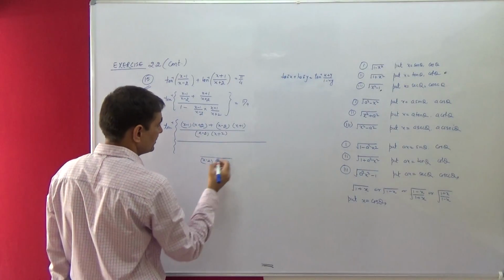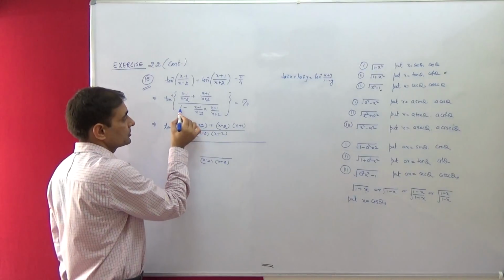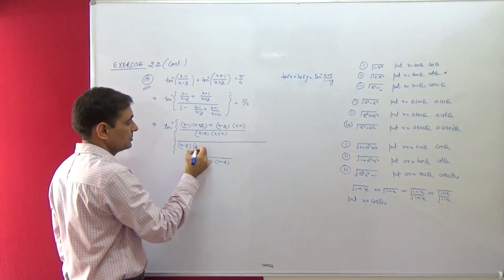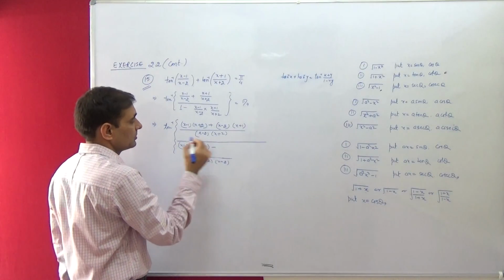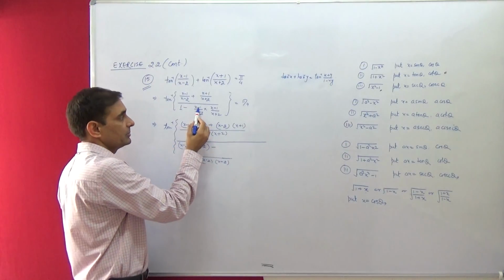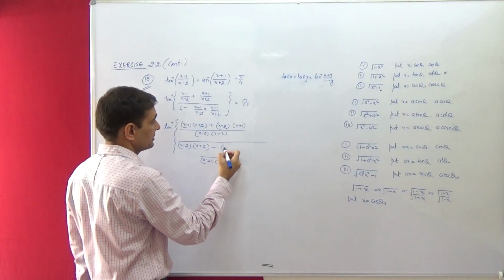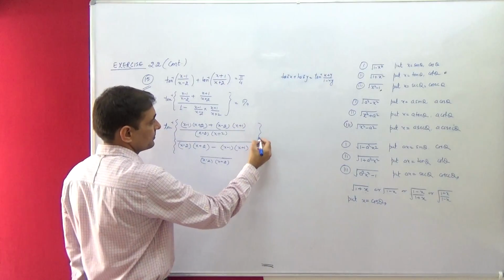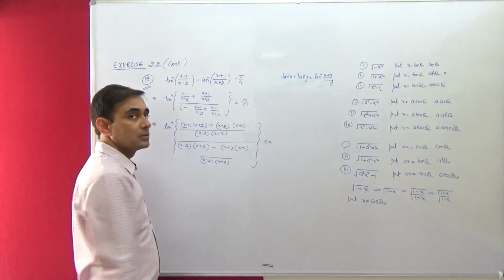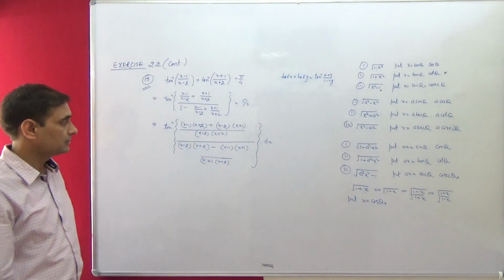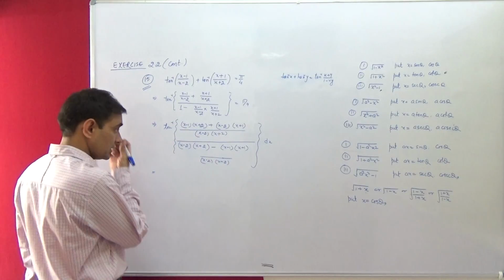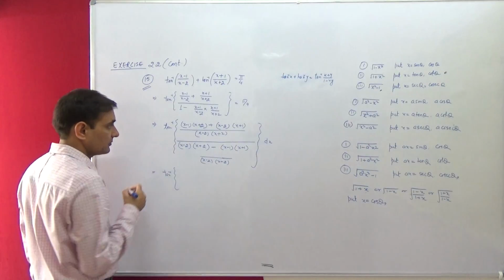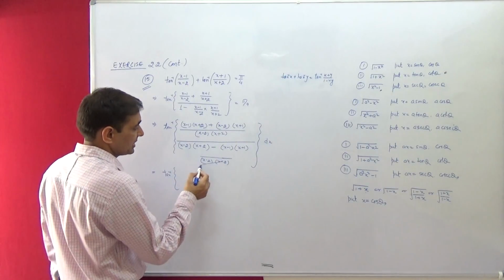It will multiply with 1, so you will get (x minus 2) into (x plus 2) minus (x minus 1) into (x plus 1). Both LCMs will cancel each other.